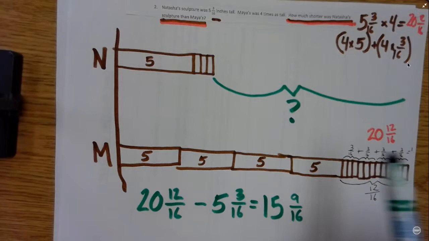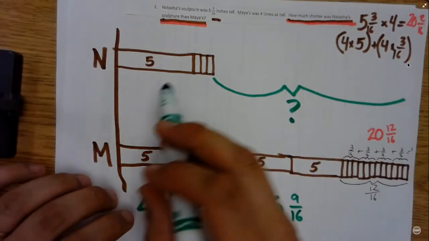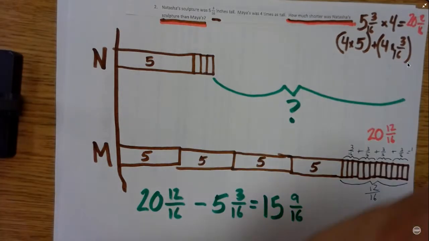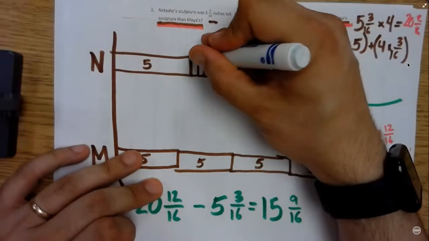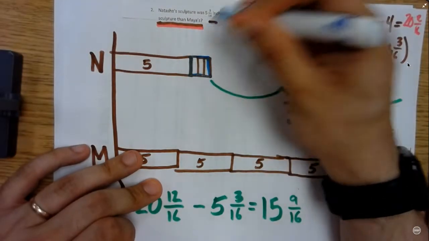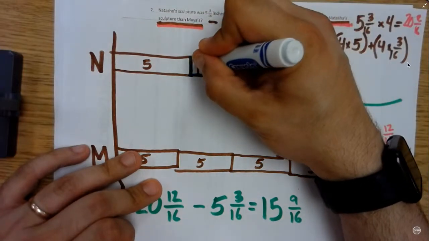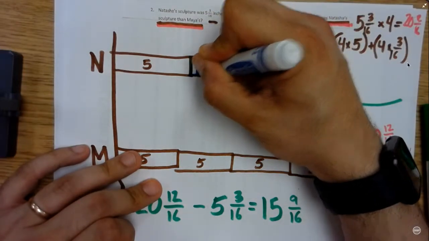Now, another way we could do this, and this is one of those problems where you can get away with just drawing out the fractional part. Let's say for a second that I really did draw this and just labeled this as 3 sixteenths.